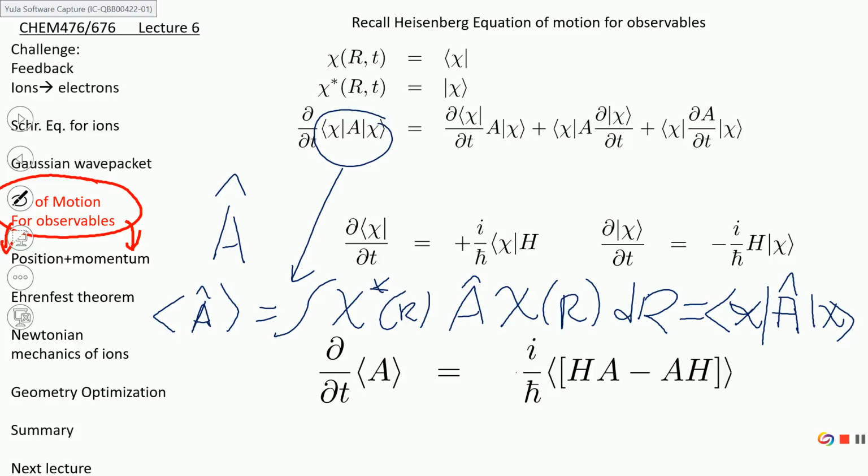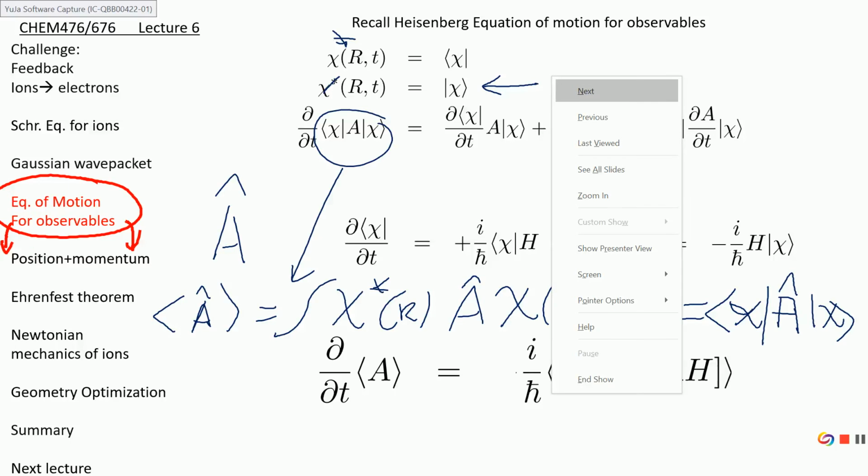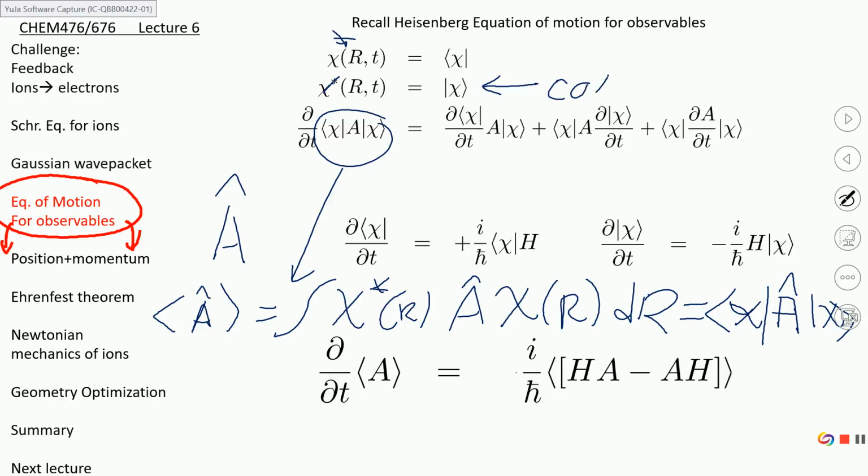Which one is row and which one is column? So this one is column. This one is row. Okay.